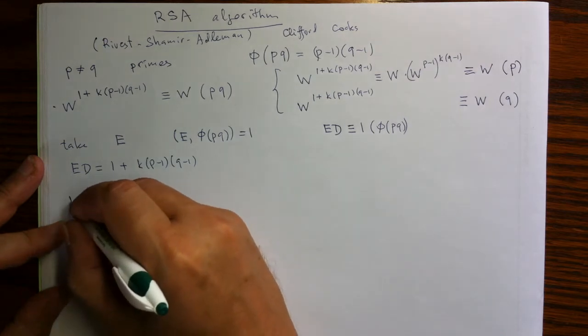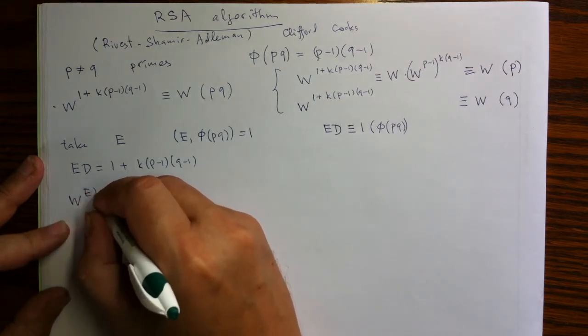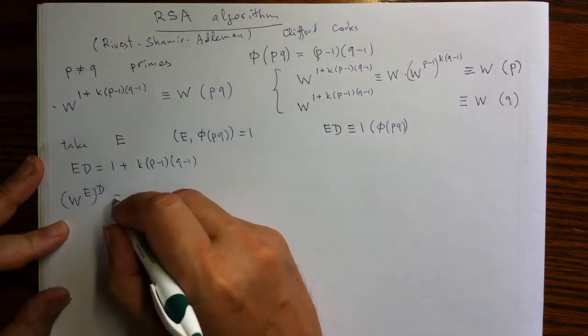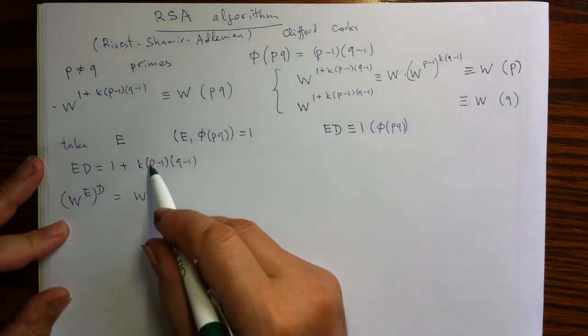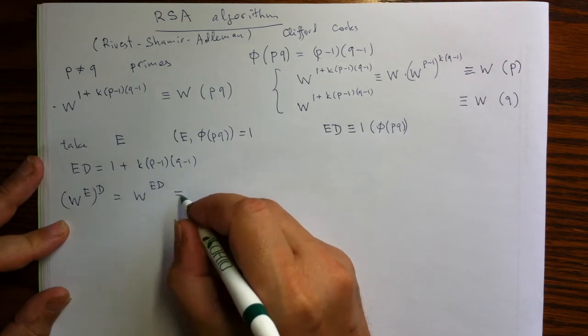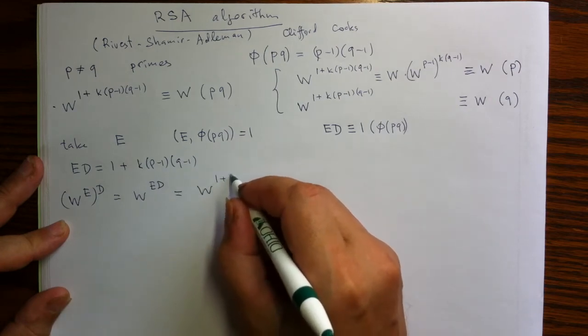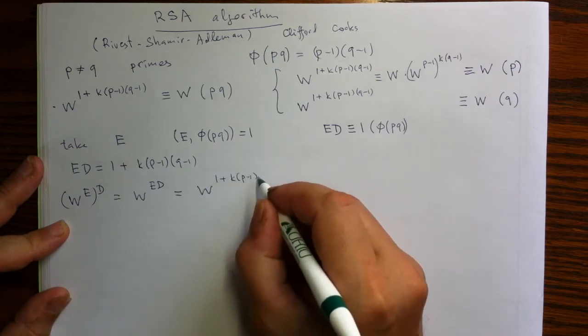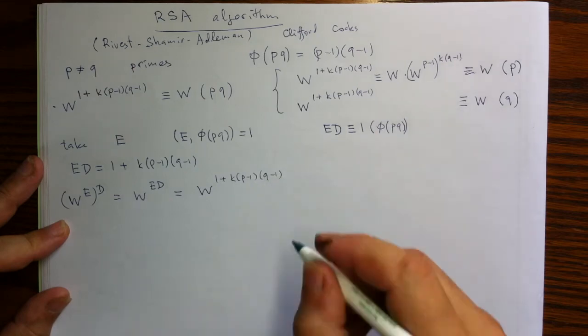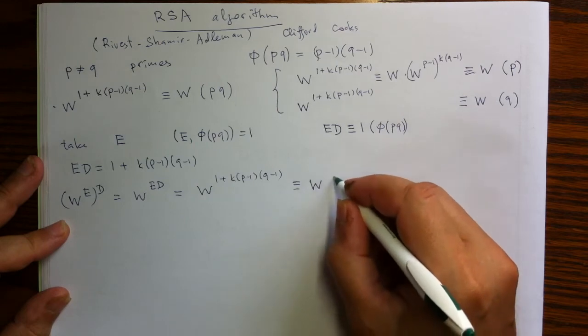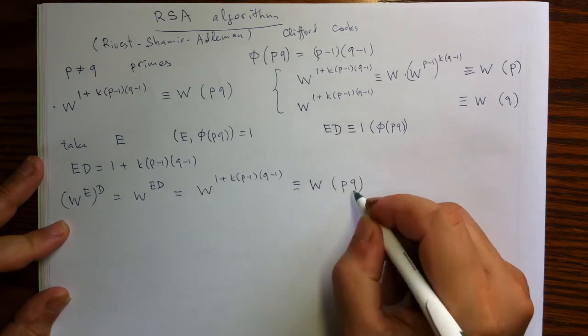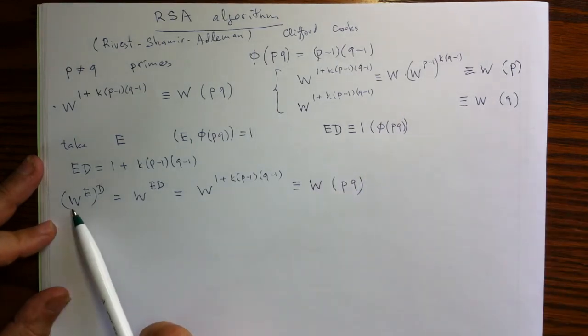That guarantees that if we look at this nested power, which is nothing but the product power, and replace it by what it is, then according to this congruence, we will have W back if we are computing modulo P times Q.